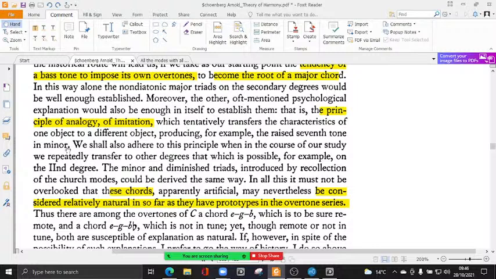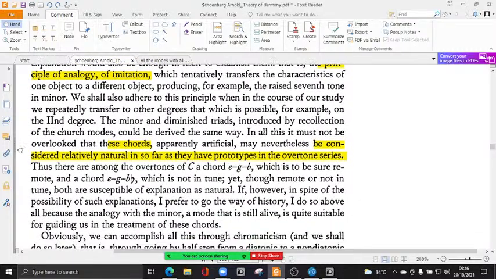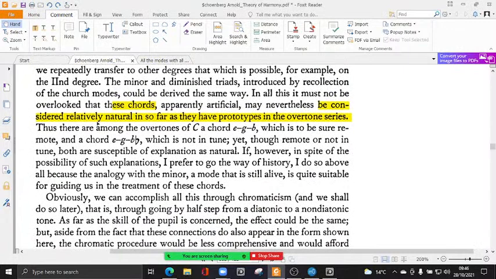The minor and diminished triads introduced by recollection of the church modes are to be derived the same. You know that this must not be overlooked, that these chords, apparently artificial, may nevertheless be considered relatively natural insofar as we have prototypes in the overtone series. He says, look, this is an example.